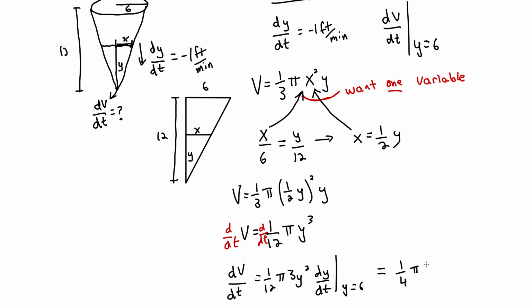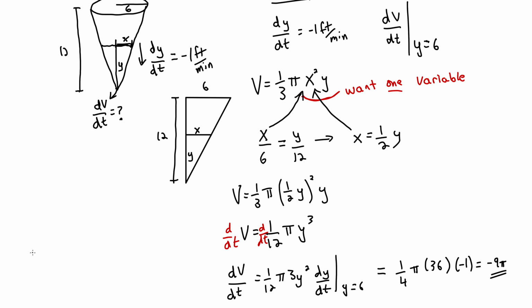So y squared is 36, times 36, and dy/dt is negative 1. So this all comes to negative 9 pi cubic feet per minute. So there's our answer, and we'll write it nicely here. I do recommend leaving it in terms of pi unless the exercise specifically says not to.